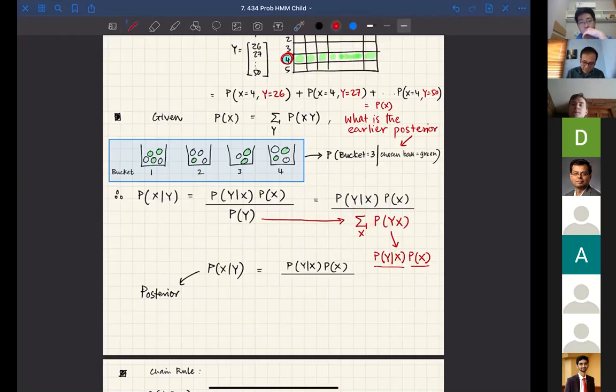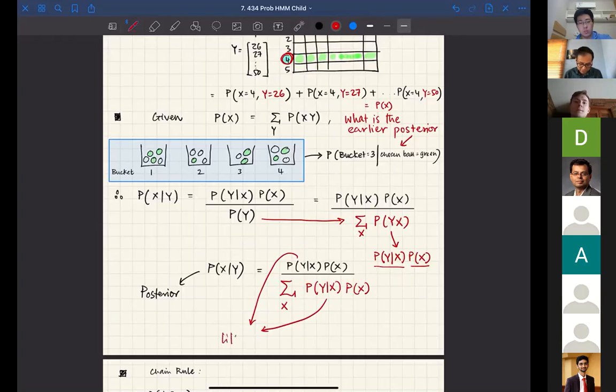So then we have a sigma over X of P Y given X, PX. So now we have this one and this one. What are these two?